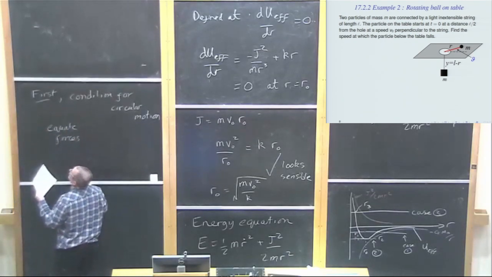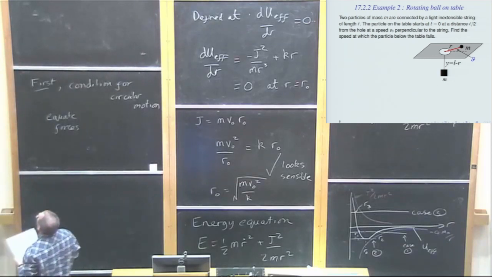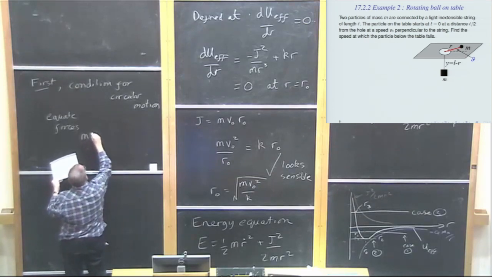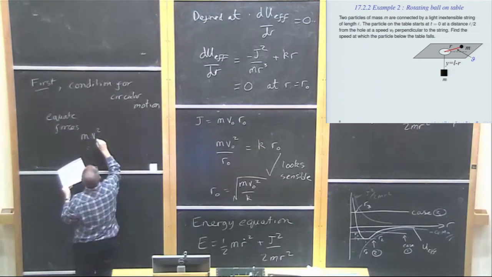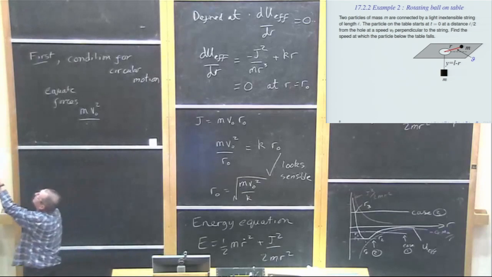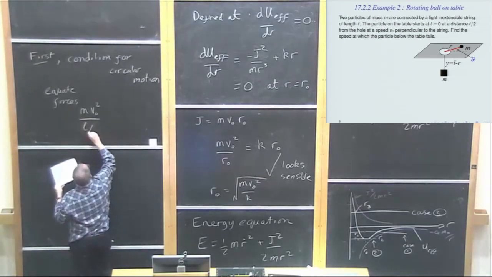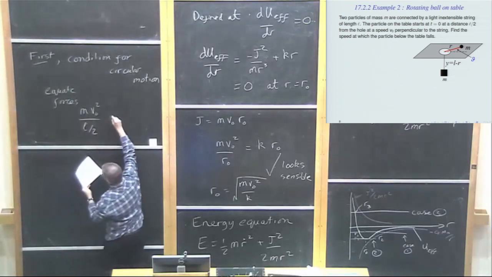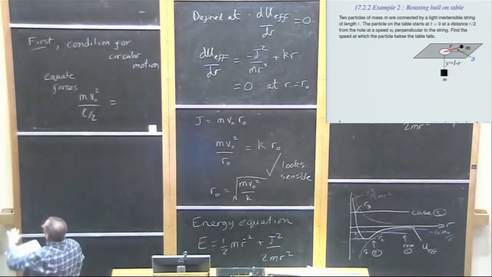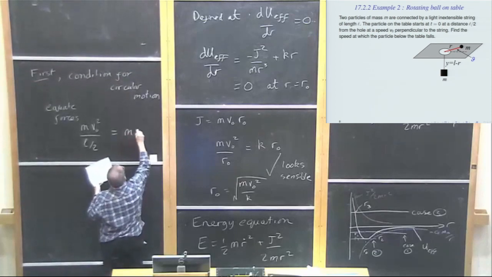So what are the forces? Well, the thing on the table will be spinning around in a circular way, so that will have a centripetal force. It's going to be mv squared, but the v is v naught because that's its initial velocity. And the radius it's moving at is L over 2. That's right. And that must be, where is this force being supplied by? It's being supplied by the gravity pulling the mass down. So that equals mg.